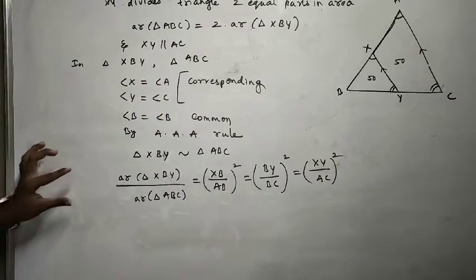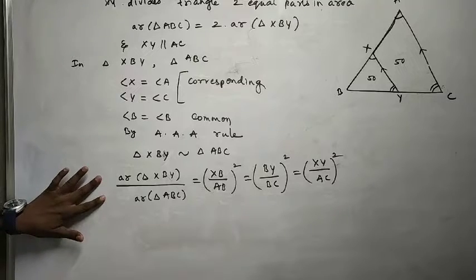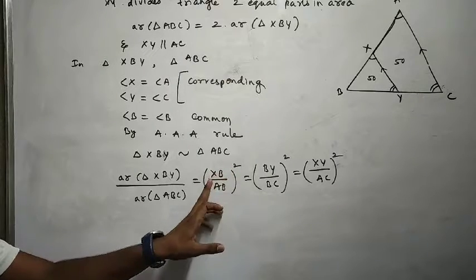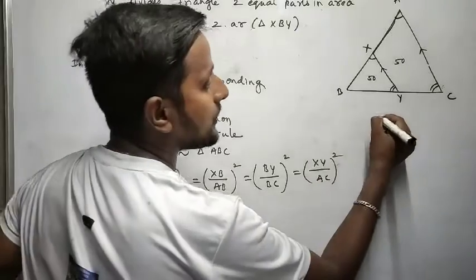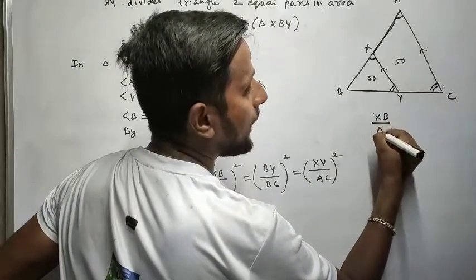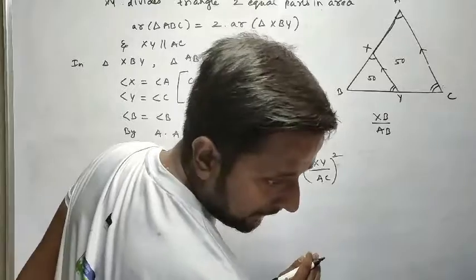That means the ratio of areas of two similar triangles is equal to the square of the ratio of their corresponding sides. Okay. But in the question it is mentioned to find the ratio of XB by AB.